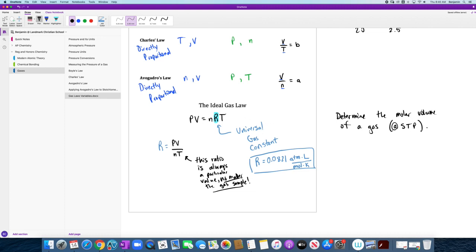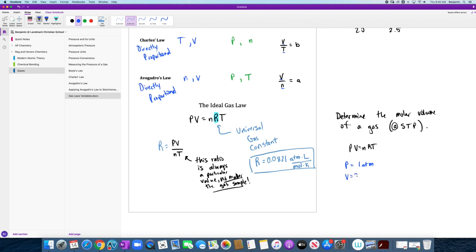We can use the ideal gas law to figure out the volume of 1 mole of gas particles at standard temperature and pressure. So we take the ideal gas law, PV = nRT, and we list out everything that we know. So we know that the pressure, standard pressure, is 1 atmosphere, exactly 1 atmosphere by definition.